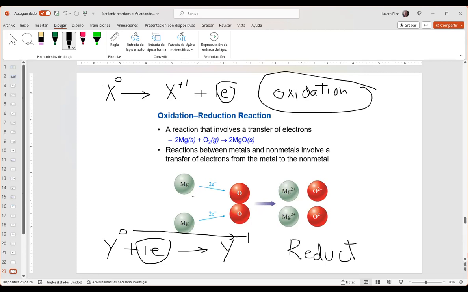Every time we have a reaction between a metal and a non-metal, there will be a transfer of electrons. And so we can say that this is an oxidation reduction reaction. Remember, a metal and a non-metal always will have a redox reaction.